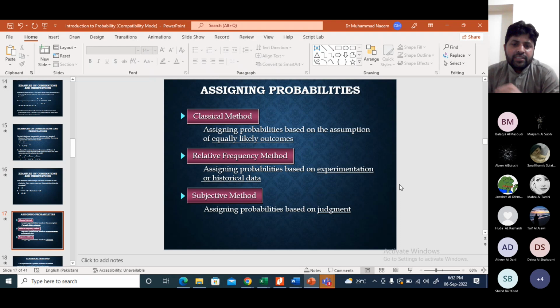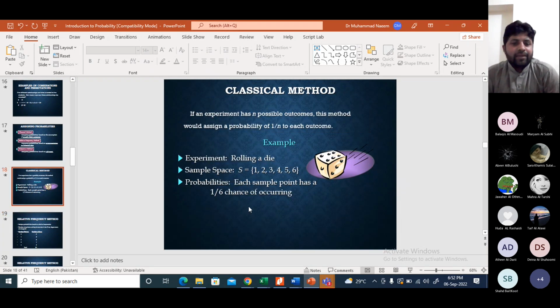So I think these concepts we have discussed in the last lecture: classical method, relative frequency method, subjective method, and you can just see the example of the classical method. In the last class we also discussed rolling a die, where the sample space points are 6.